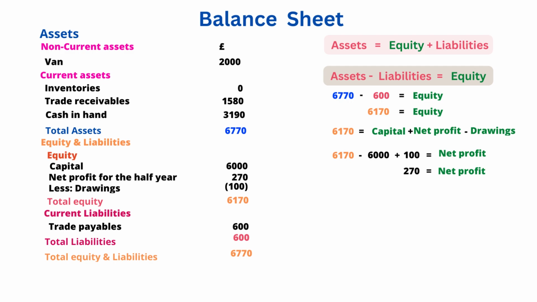So now we need to replace £6,770, where we have assets, minus £600, where we have liabilities, so it will be equal to equity. And then equity is £6,170.